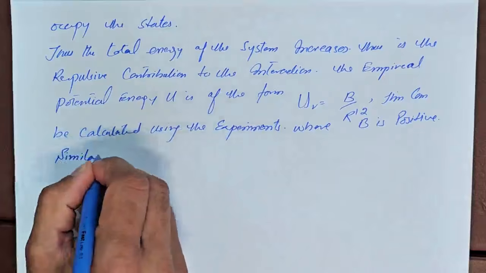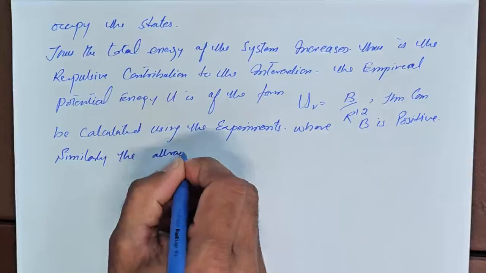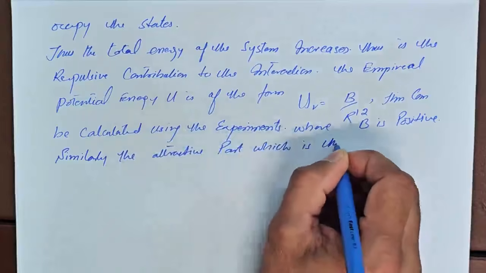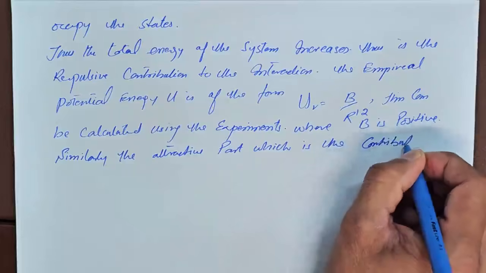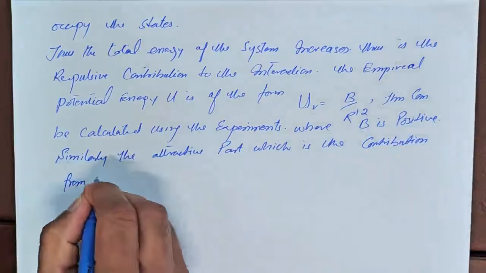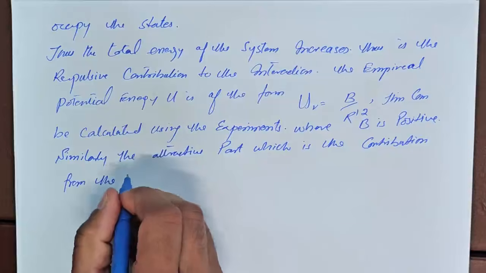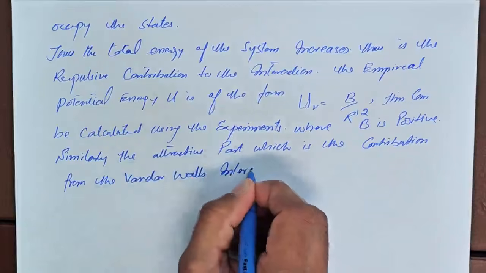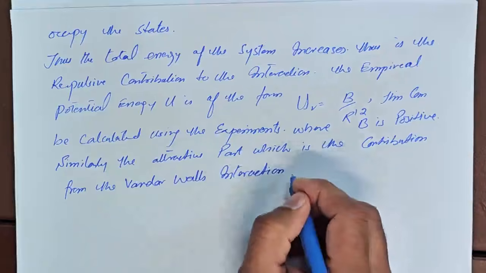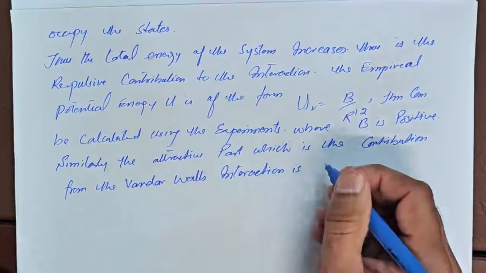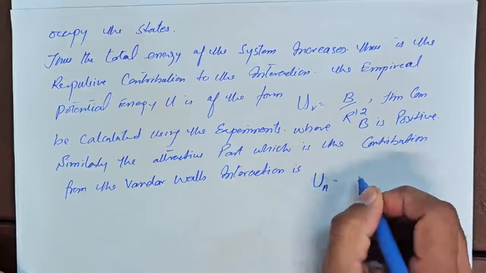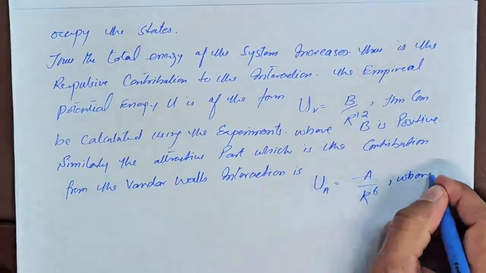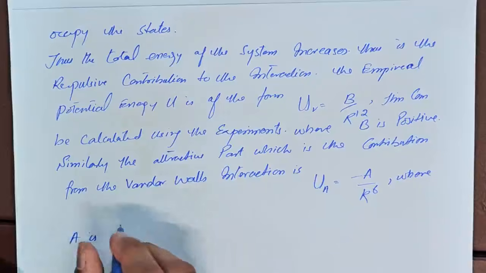Similarly, the attractive part, which is the contribution from the van der Waals interaction, is minus A divided by R^6, where A is negative.